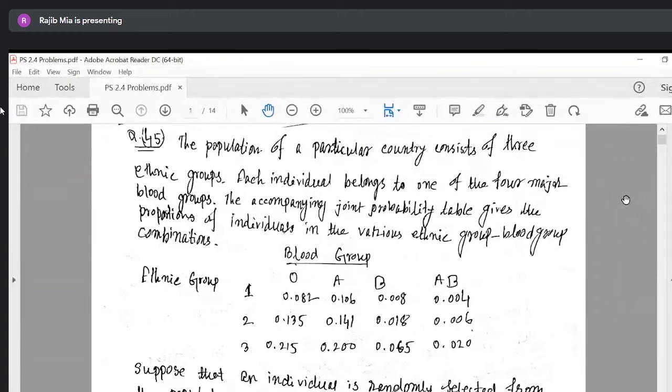So this table shows the proportions of individuals in the various ethnic group and blood group combinations. The population of a particular country consists of three ethnic groups, that is group 1, 2 and 3. Each individual belongs to one of the four major blood groups, O, A, B and AB.